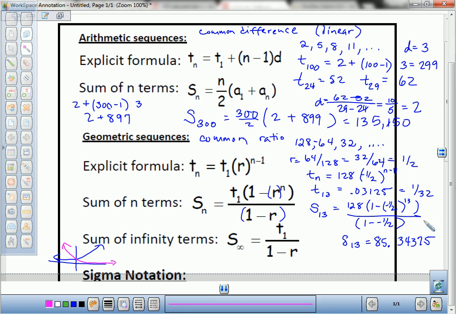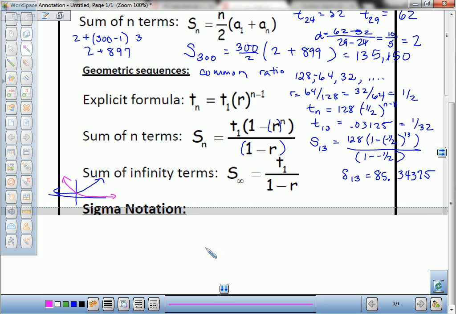Okay. And then, if it's negative, a couple things can happen. If the ratio is negative, it's going to bounce. It's going to go back and forth. We have one that goes this way, and this diverges. It splits. And when it's divergent, we cannot find an infinite sum.